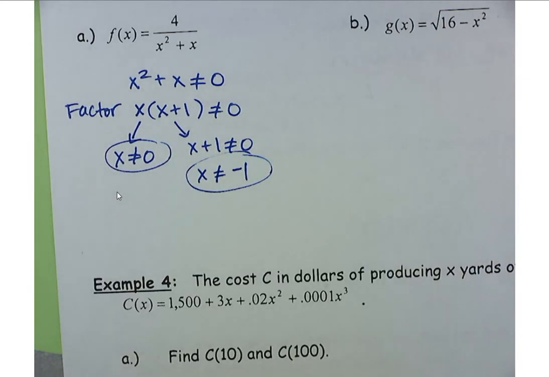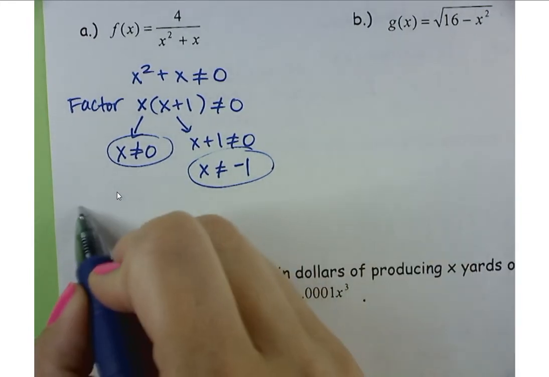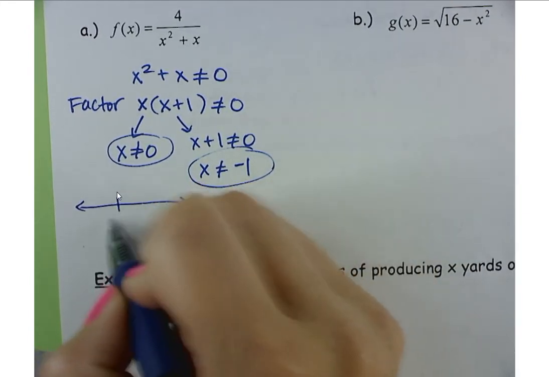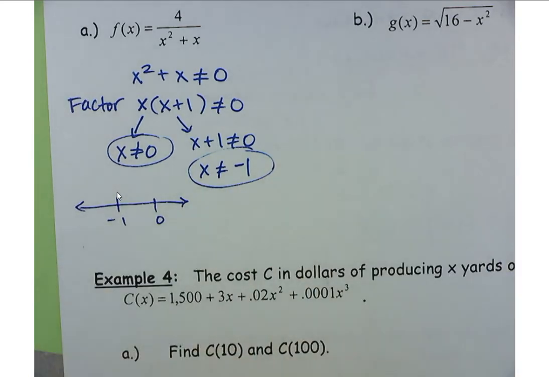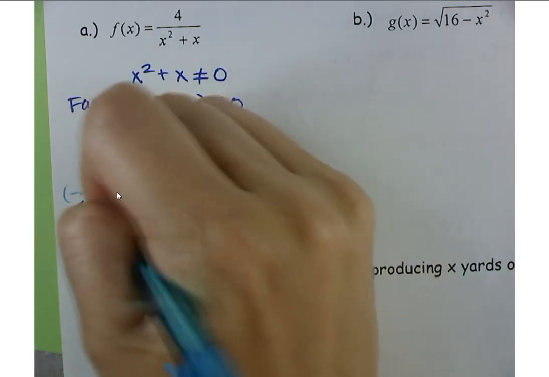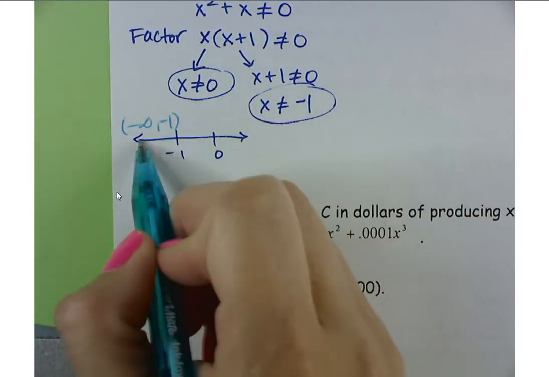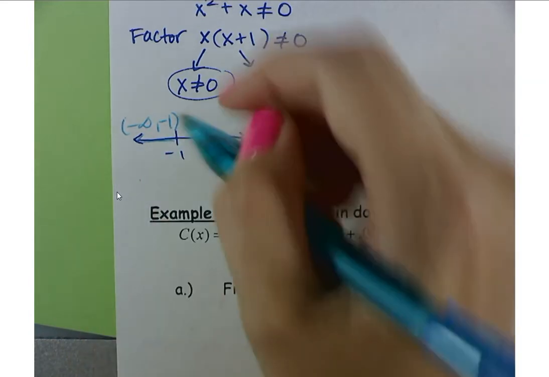That's the domain, but now I have to write that as an interval. So if you have trouble writing that as an interval, do you guys remember what I suggested? Yep, to graph it on your number line. So if you graph it on the number line, you have negative 1 and you have 0. Do you have soft brackets or hard brackets for this? Soft, because it cannot include those values. So you're looking at this interval first, from negative infinity to negative 1.